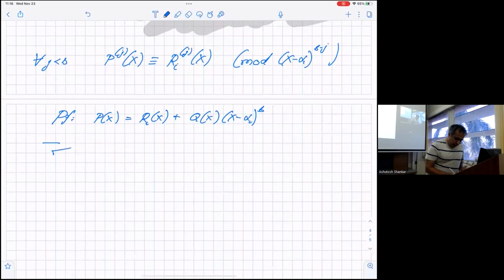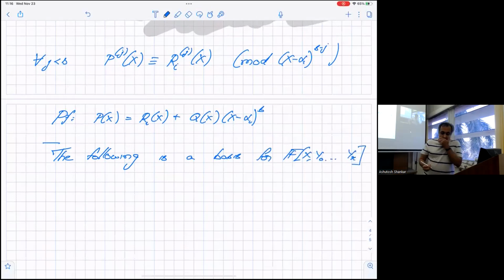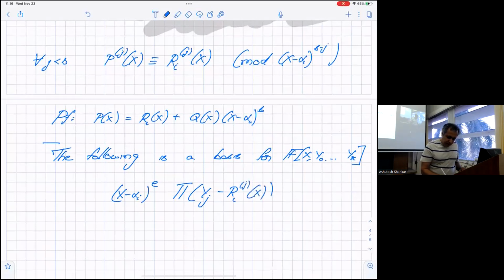I want to say the following is a basis for F. It is going to be of the form (x minus alpha_i) to the power e times the product of (y_j minus R_ij(x)) to the power e_j, j going from 0 to r, as you range over e_0, e_1, e_2, and so on.